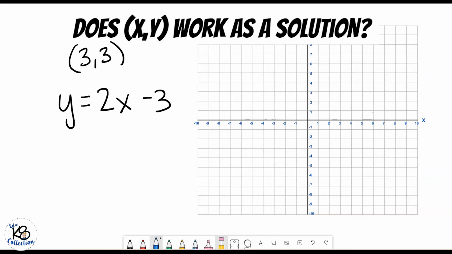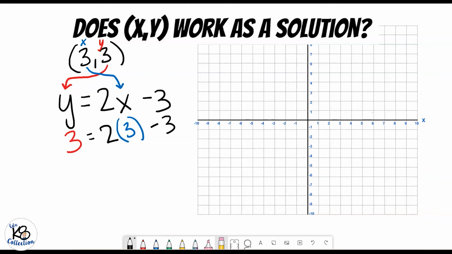My x is 3, because that's always the first number in a coordinate point, and my y just happens to also be 3, because y is always the second number. Let's see what happens when I plug in 3 for y and 3 for x. I need to follow the correct order of operations, PEMDAS, to know that my calculations were correct.